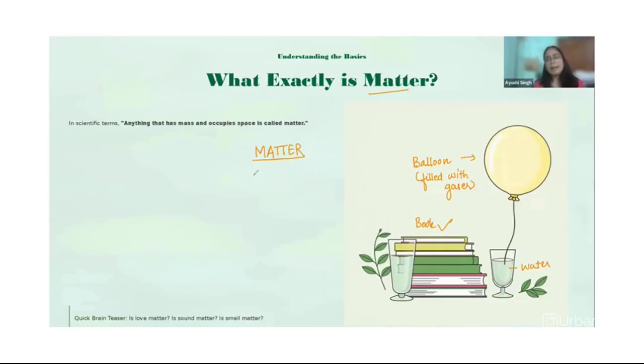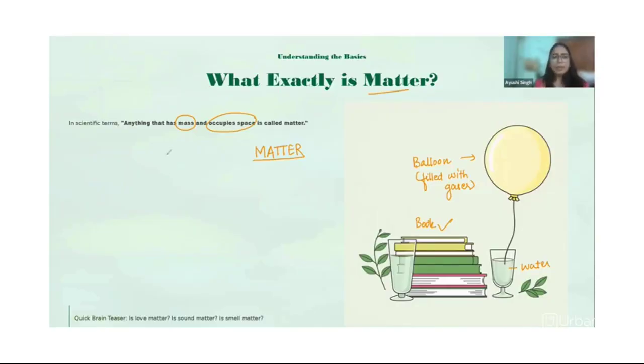Now, what exactly is matter then? We can define matter as something which has mass and occupies space. Let's say, for example, here I have my phone in my hand. Is it matter? Yes, because it has a certain mass, and it occupies a little bit of space.